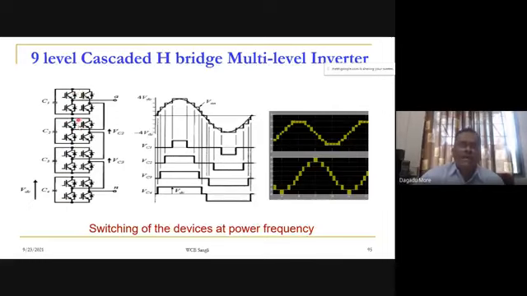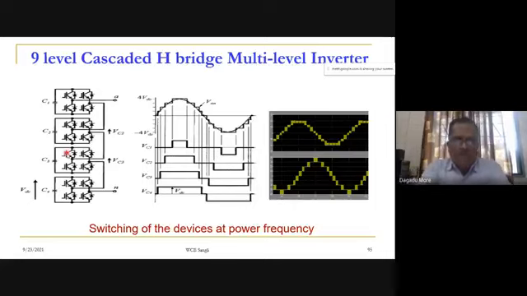We have shown one leg of the 9 level inverter. 9 level means first 3, then 2 plus 2 plus 2, so we can obtain 9 levels. But now what we are doing is operating all these switches at power frequency. Let us assume our frequency is 50 Hertz, so all the switches operate at 50 Hertz, which means our switching frequency is low.